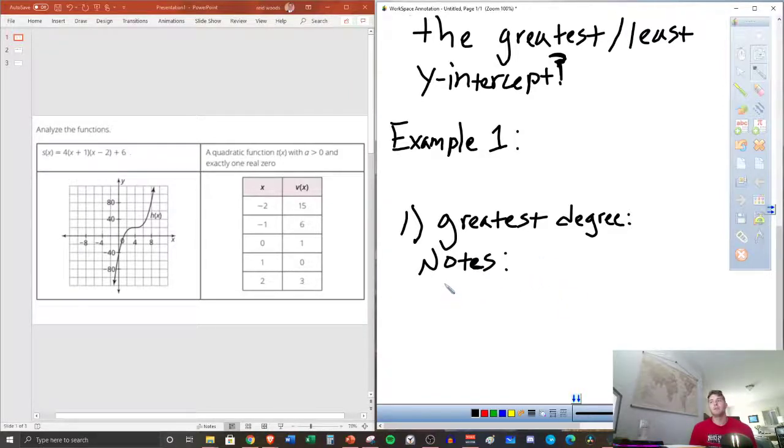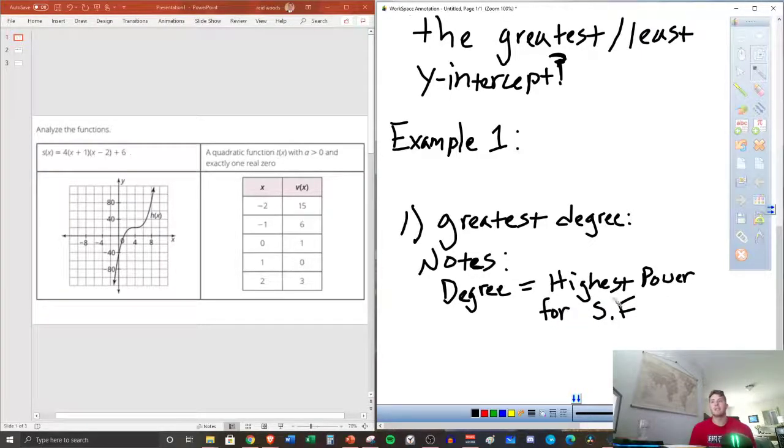First off, degree is equal to the highest power. Unfortunately, we don't really see that. That is for standard form, by the way, so I'm going to add that: for standard form.